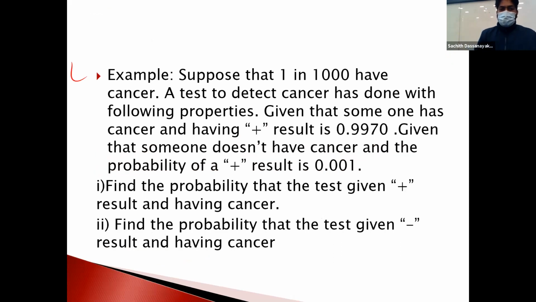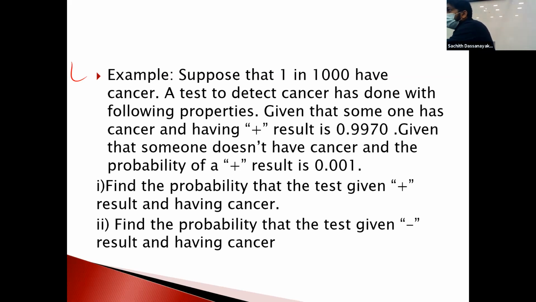Okay, let's check this one. This is a very common example for applying the Bayes theorem. It's talking about cancers. Sometimes people have cancer, and after they check, the result says yes, positive, which means correct, they have cancer.